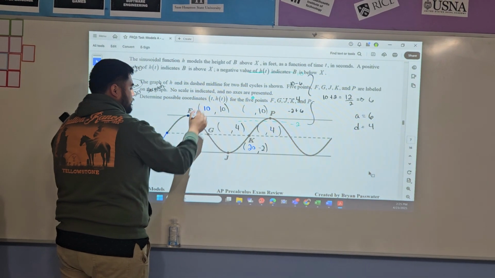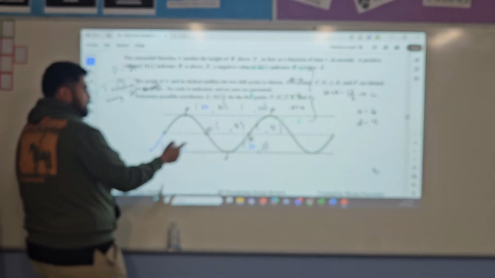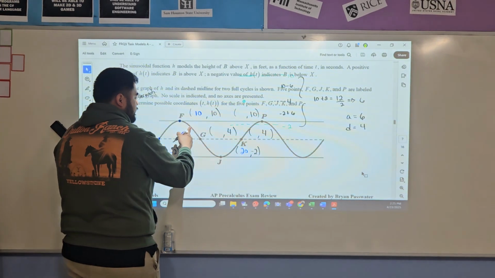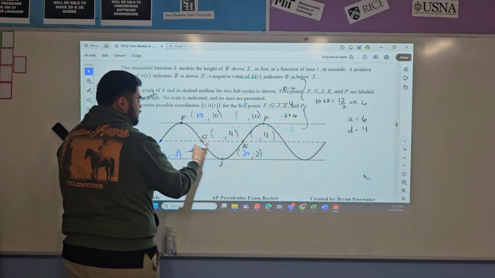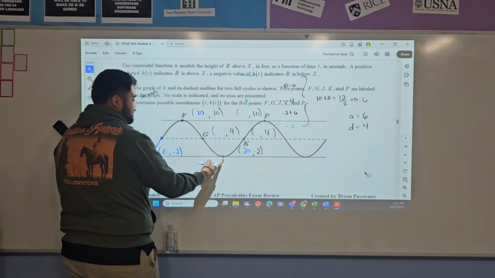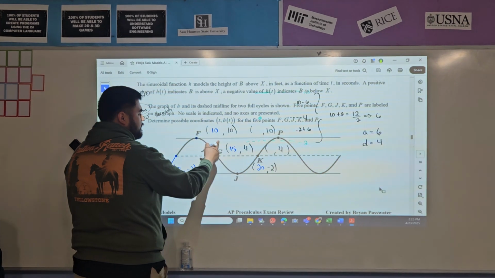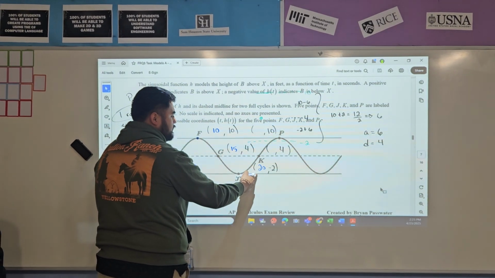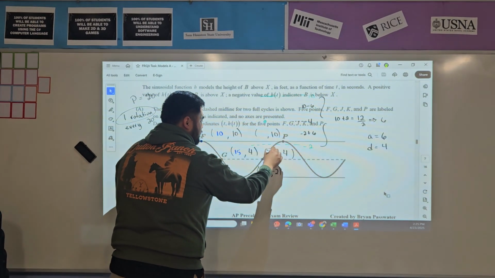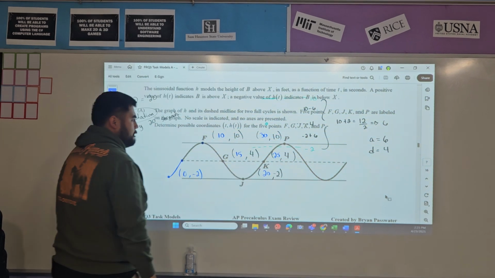It's 10, right? Now, if this is 10, and this is 20 for J, F and J, right? 10 to 20. What's in between both of those? Well, 15. And notice here how we're increasing by 5s. So then this is 25, and this is 30, right?